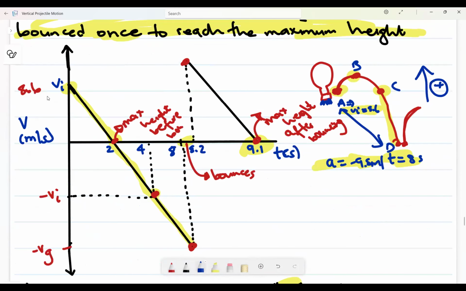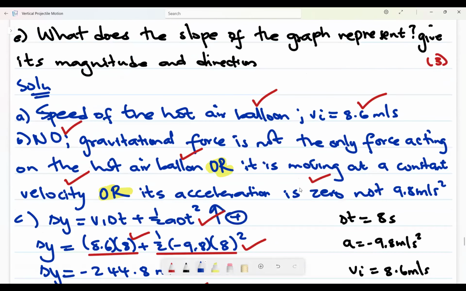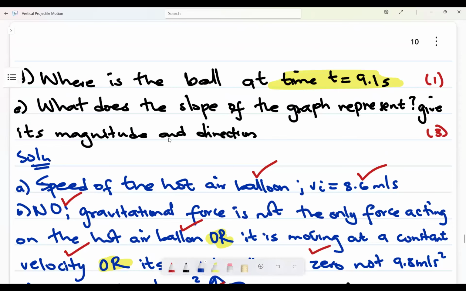Which graph? This one. This is the velocity time graph, and for the velocity time graph, the slope is acceleration. The question is, what does the slope of the graph represent? Then the other one says, give its magnitude and direction.